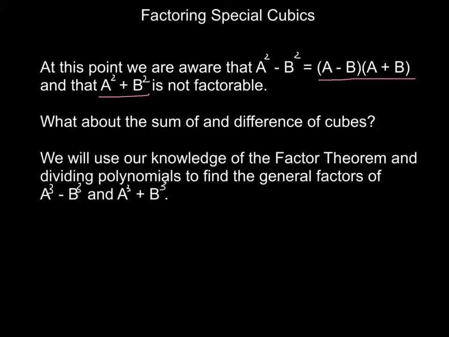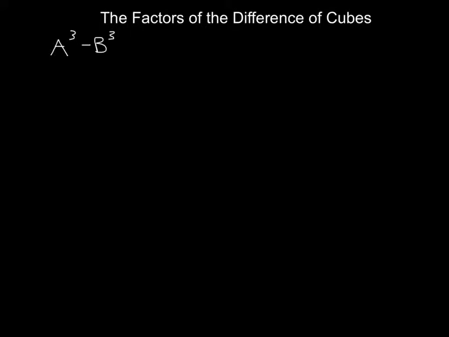So the sum of cubes would be something like a cubed plus b cubed, and the difference being a cubed minus b cubed. So we're going to use our knowledge of the factor theorem and dividing polynomials to find the general factors of these two things. We'll start with the difference of cubes, and it should be pretty clear to us here that if a equals b, then we will get 0, right?